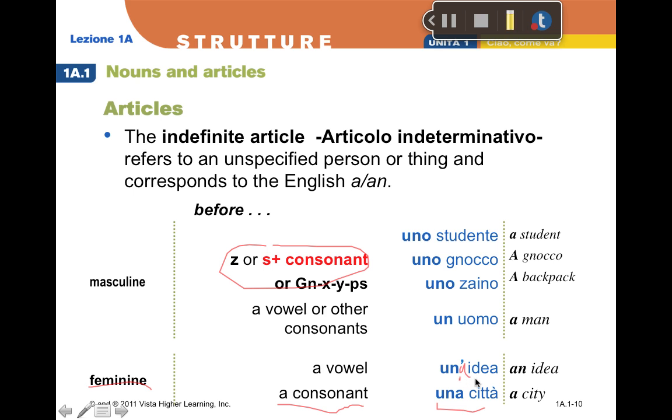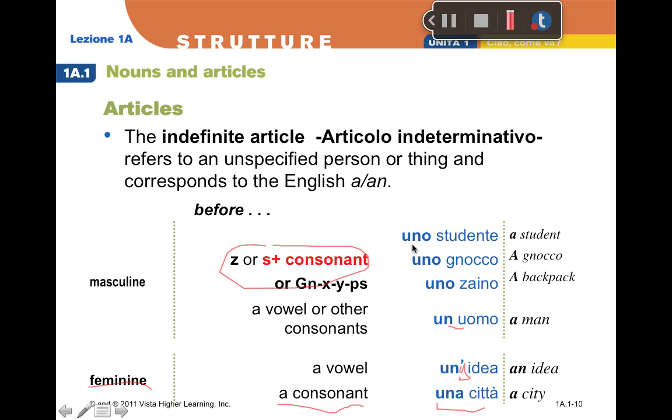Here I have una idea, but because in Italian two vowels cannot be next to each other, the first one falls and we have an apostrophe. When I have the masculine un uomo, I don't have anything missing, so I cannot put an apostrophe. Be very careful with that, because this is a common mistake.